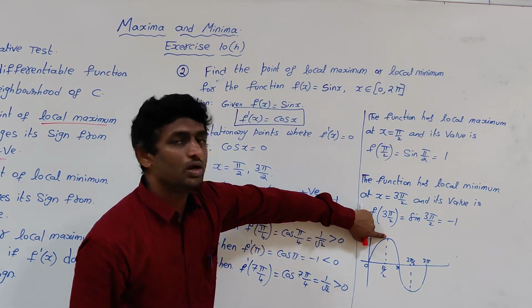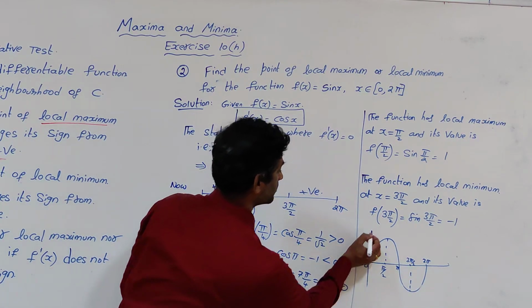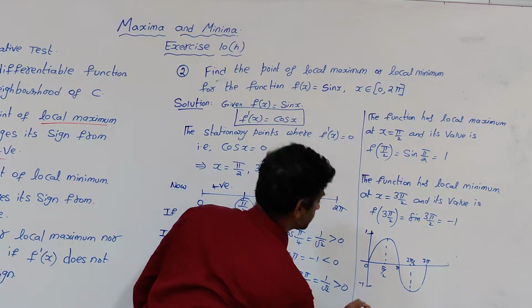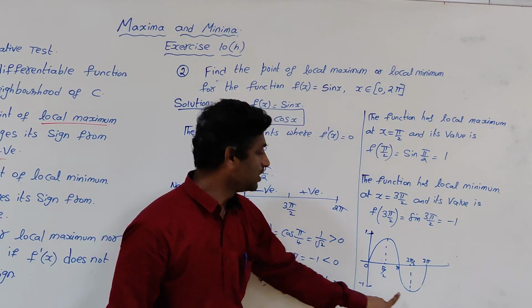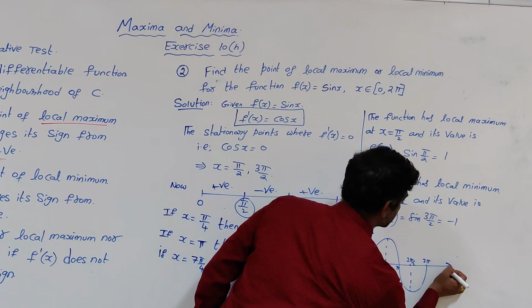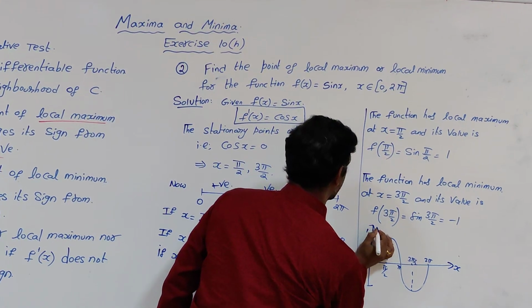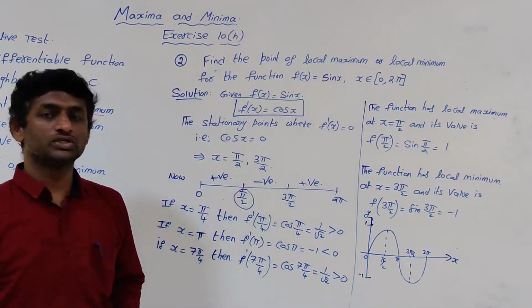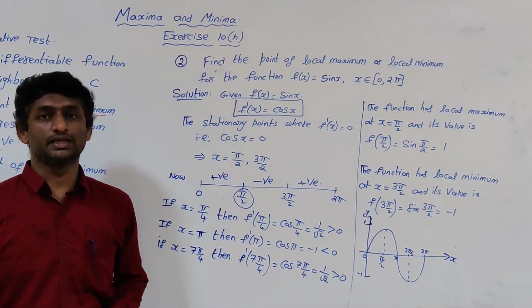This has the local maximum, and this is 1 and this is minus 1, and at 3 pi by 2 it has a local minimum. So this is about the graph of local maximum and local minimum of the function f of x equal to sin x.